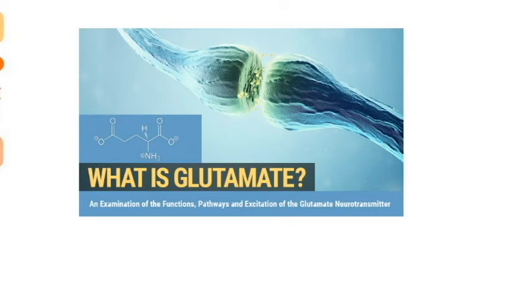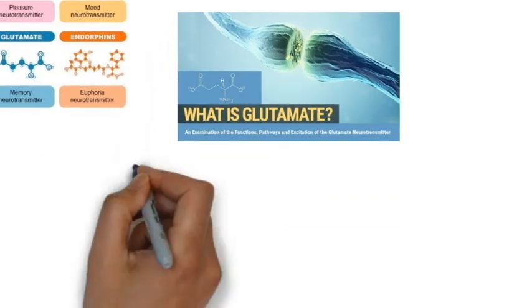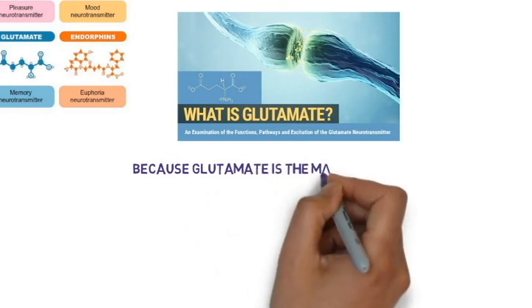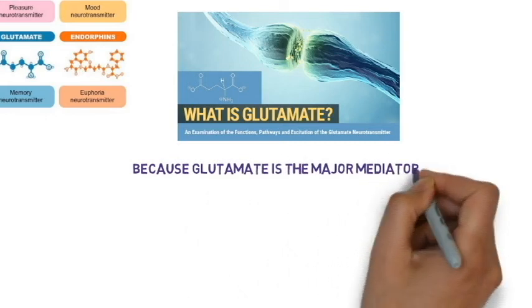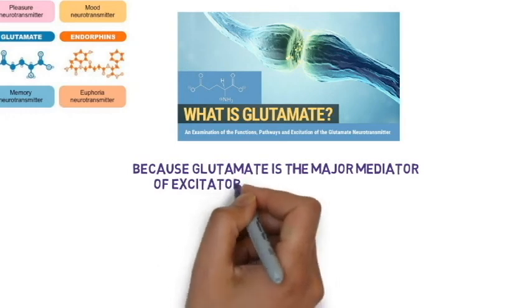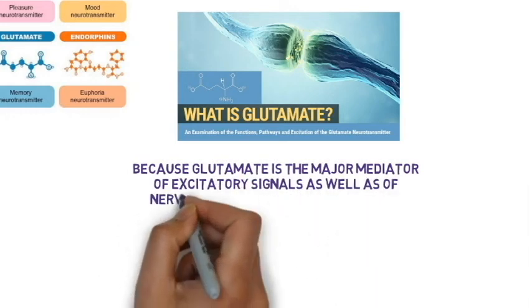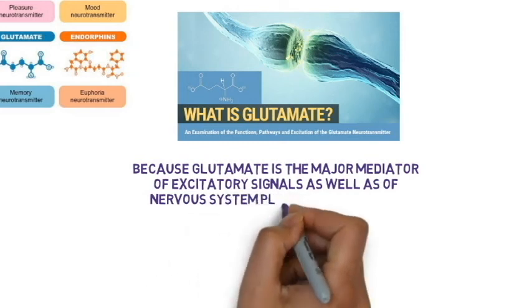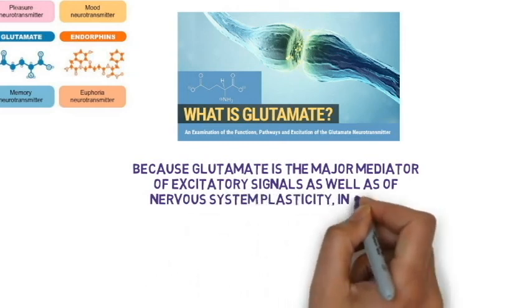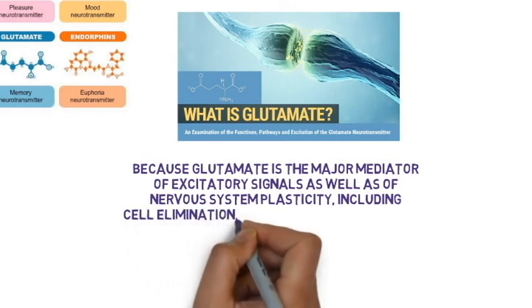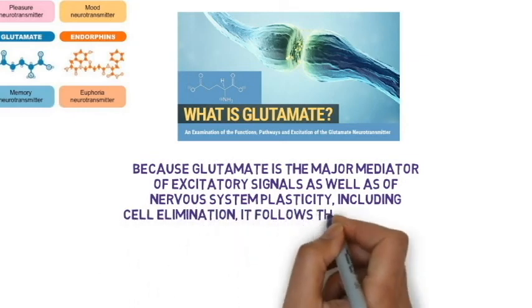Now here's the thing. Glutamate is toxic, not in spite of its importance, but because of it. Glutamate does not only mediate a lot of information, but also information which regulates brain development and information which determines cellular survival, differentiation, and elimination, as well as formation and elimination of nerve contacts, synapses.